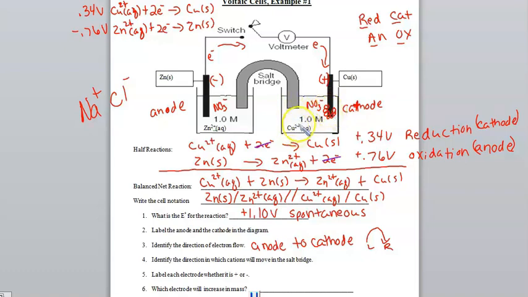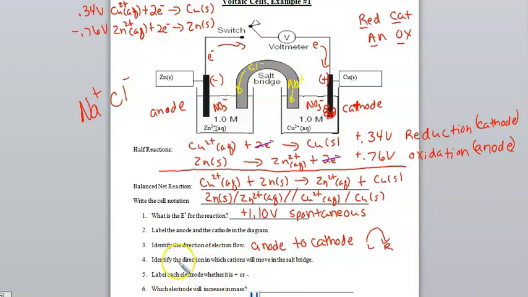And because that negative is moving over here, the sodium ions, the sodium cations, are actually going to flow towards the cathode. So the positive goes towards the cathode and the negative goes towards the anode, and that is to balance out the charge. It allows the reaction to go longer.